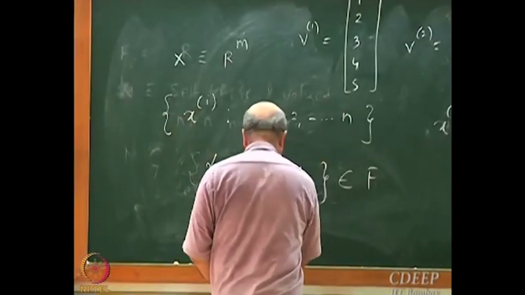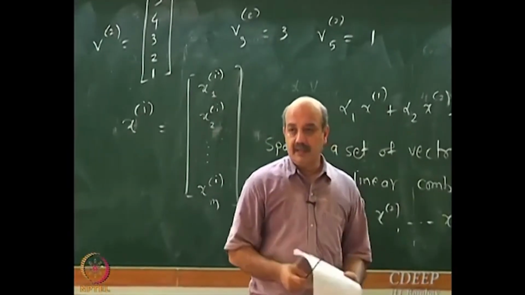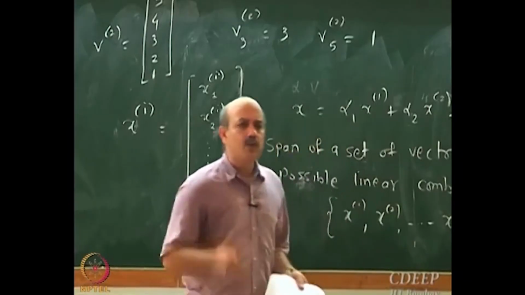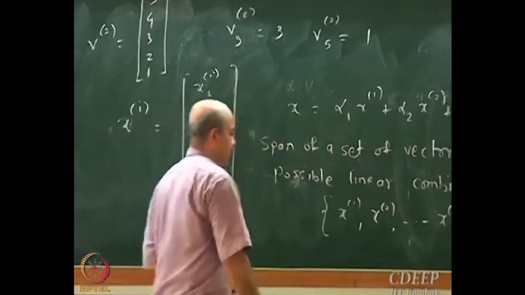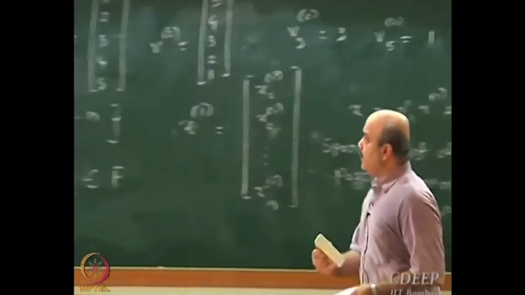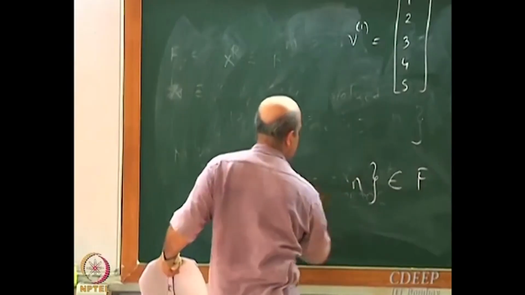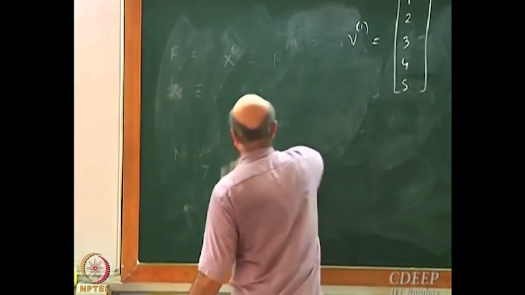Okay, so the span is the set of all possible combinations. You understand? Set of all possible combinations. If I give you two vectors, first start with 2 dimensions.